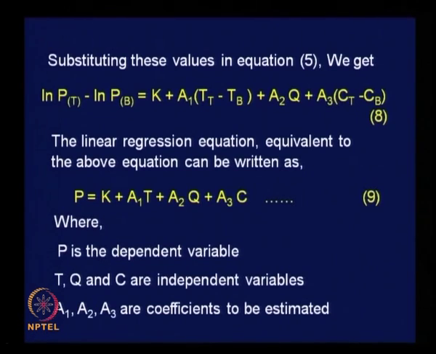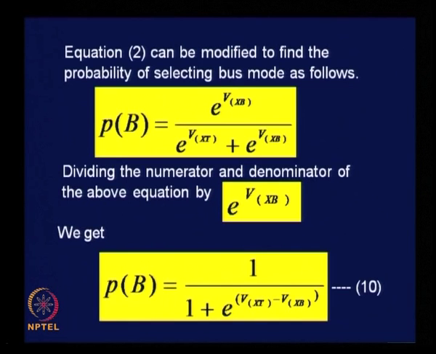So for any given situation it is possible for us to get these values. Once you know the travel time difference, travel cost difference, value of Q and the already calibrated value of K, you can find out the value of Vxt minus Vxb, and simply substitute that value here. So this term can be evaluated using the linear regression equation and substituted in equation 10 to get P of b.